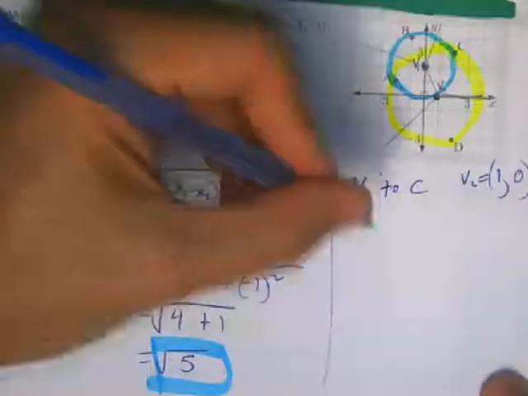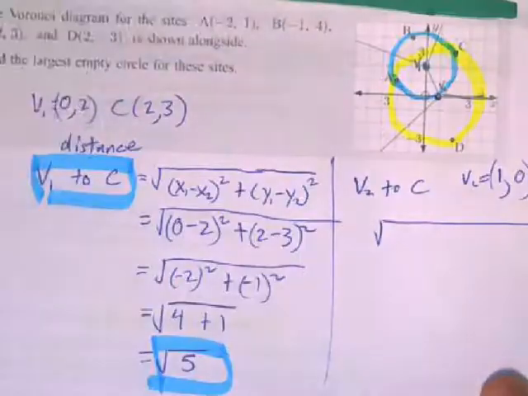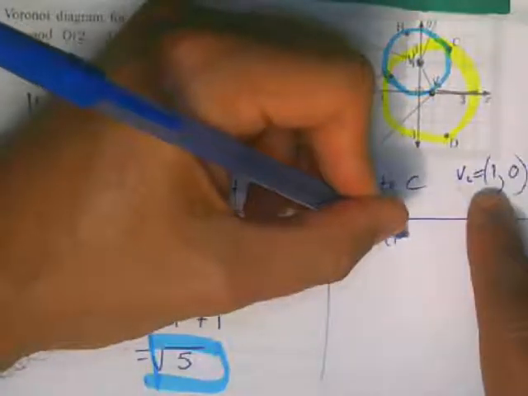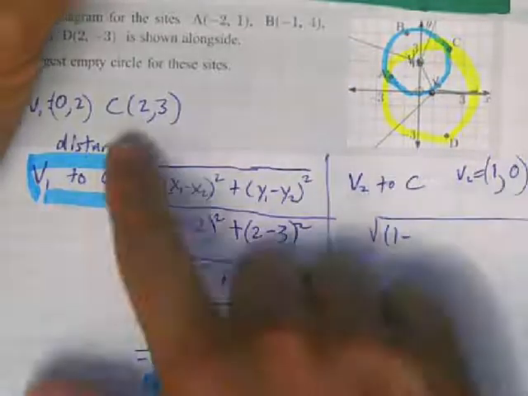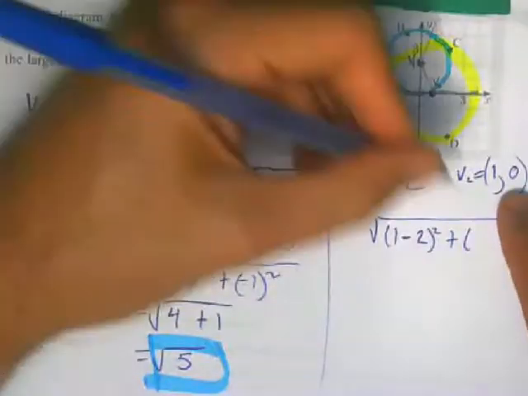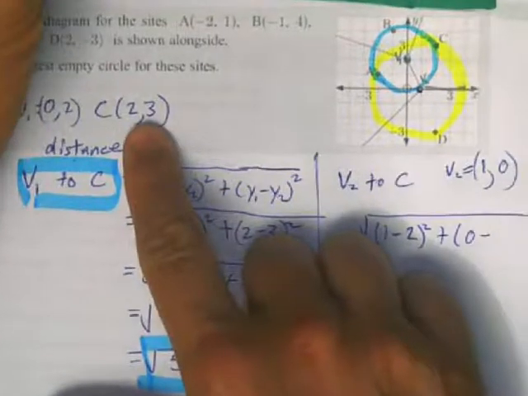So the distance is going to be x1 minus x2, which is 2, plus y1 minus y2, which is 3.